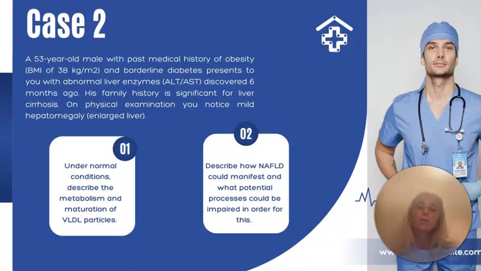LDL particles are primarily composed of cholesterol ester and ApoB100, and they are the end product of VLDL metabolism. In summation, VLDL particles are created by the liver, transformed into IDL through triglyceride removal, and eventually become LDL after further triglyceride hydrolysis and apolipoprotein transfer.